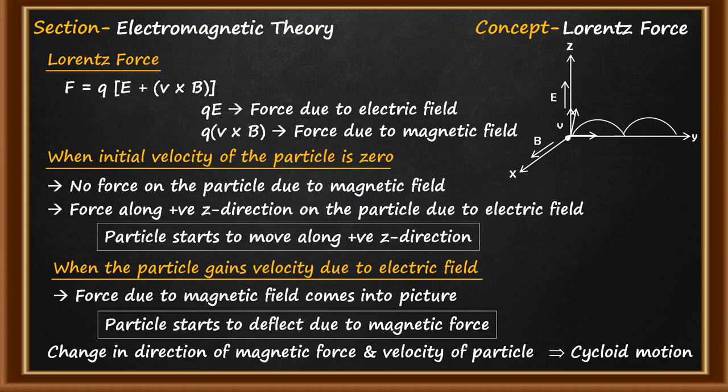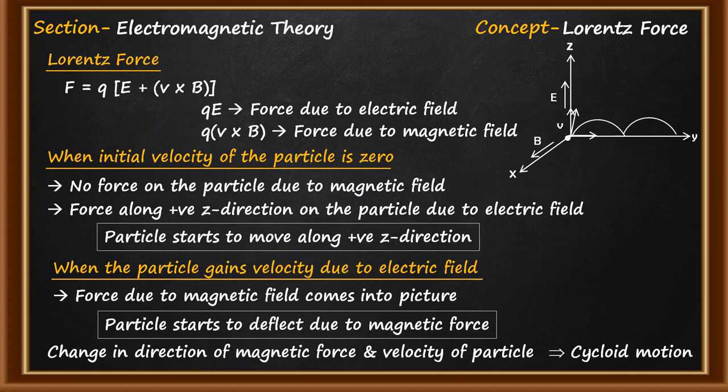Now our question is, at large times the overall motion of the particle is adrift along which direction? That means overall motion. As you can see, this motion is taking place in the YZ plane.